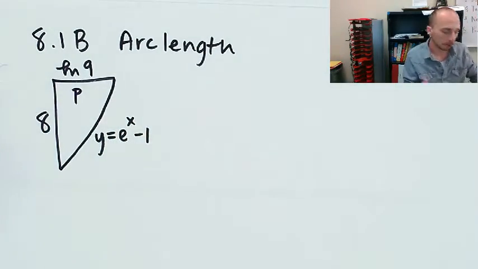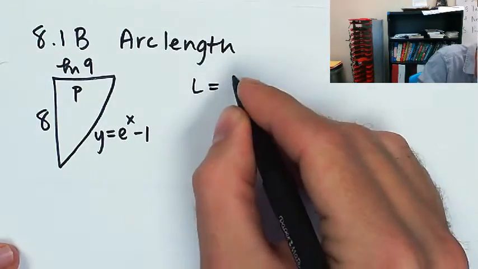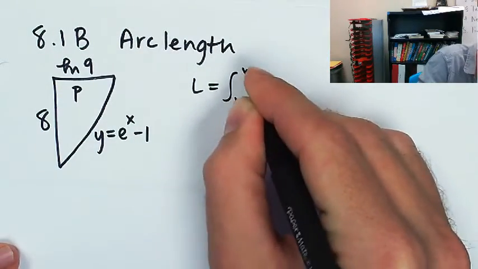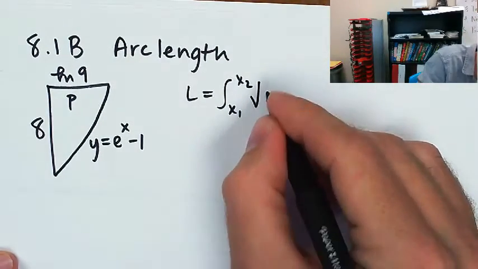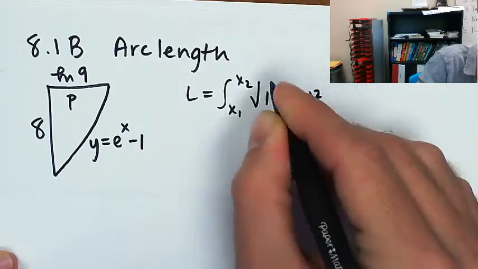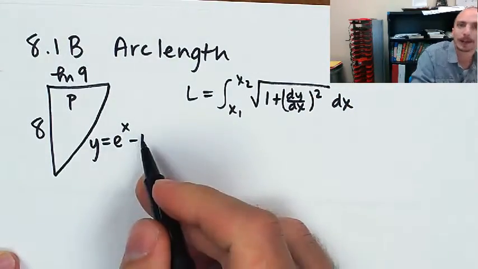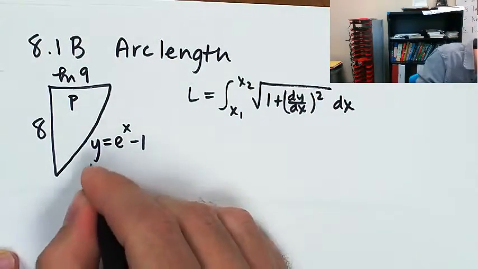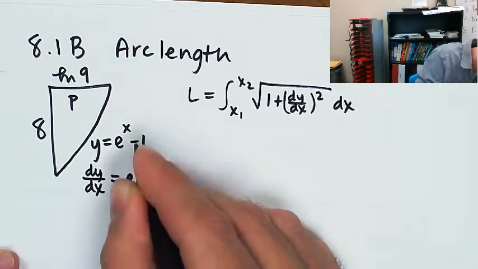Now we know that the arc length formula, or the length of the curve, is equal to the integral from x1 to x2 of the square root of 1 plus dy/dx squared dx. So I'm going to need dy/dx, which in this case is e to the x.